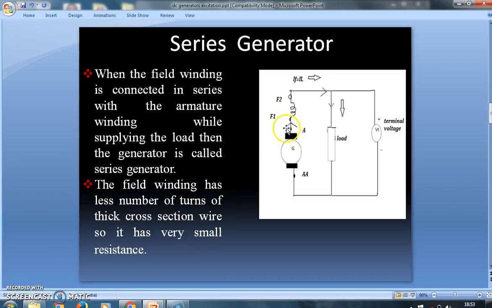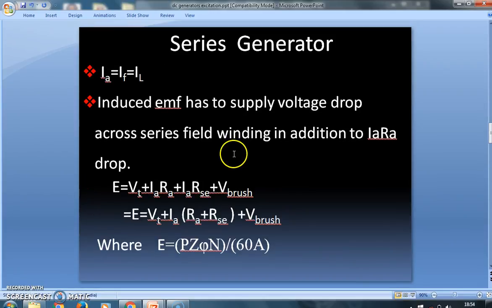If you consider the current expression, the armature current is the same current flowing through the field winding. So Ia is equal to If, which is the same current flowing through the load IL. If you consider the voltage expression, the induced EMF is equal to Vt plus IaRa.